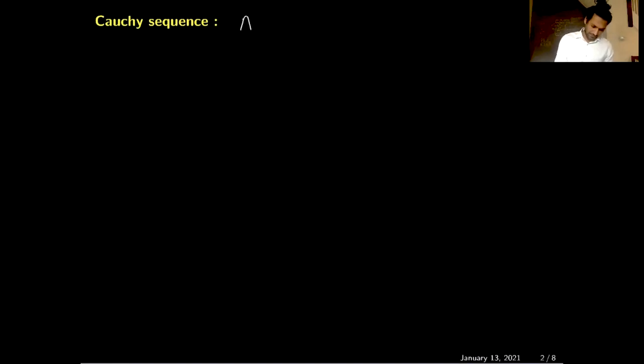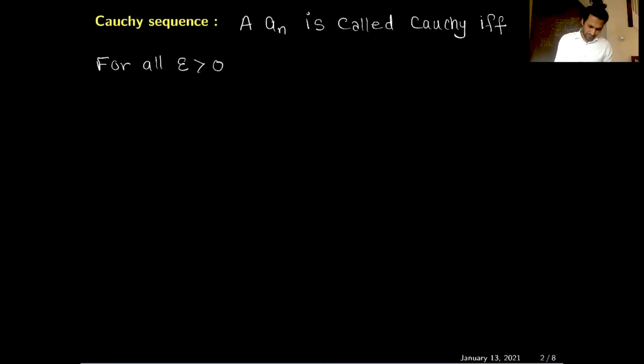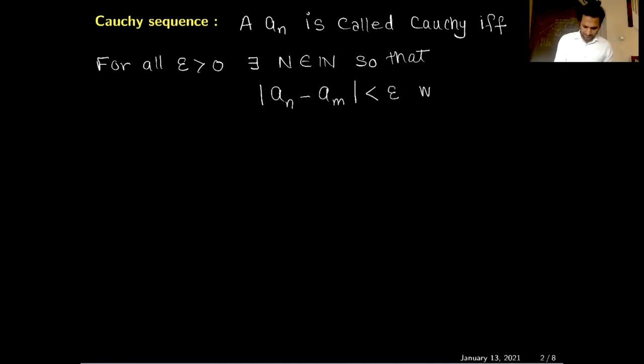A sequence a_n is called Cauchy if and only if for all epsilon strictly positive, there exists a natural number N so that the difference between the a_n term and the a_m term is less than epsilon when n, m are greater than or equal to N.